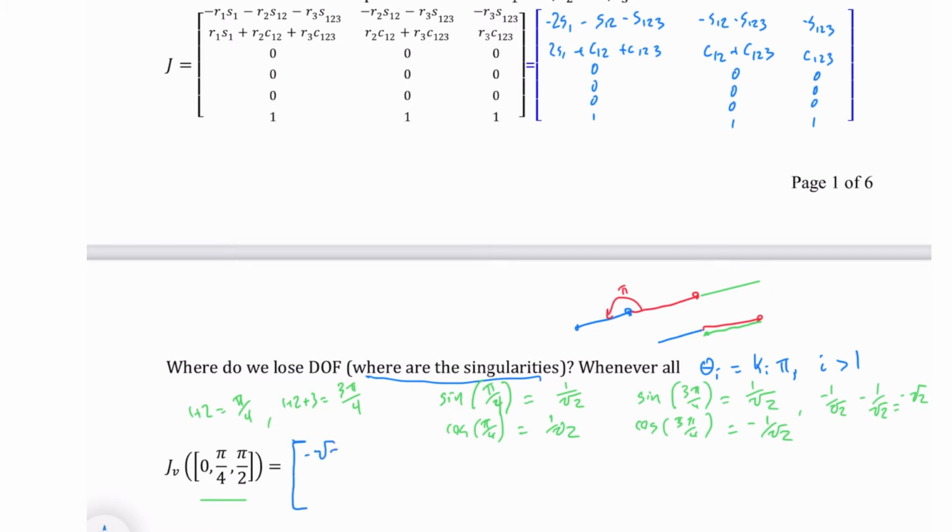We've got negative root 2, negative root 2, and negative 1 over root 2. Then we get some cancellations between the second and third cosine terms, so we only have our 2, and then we've got a 0 here for full cancellation, and negative 1 over root 2. So let's go ahead and draw what this robot looks like.